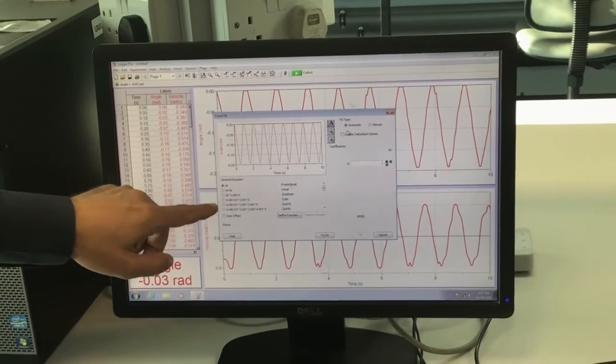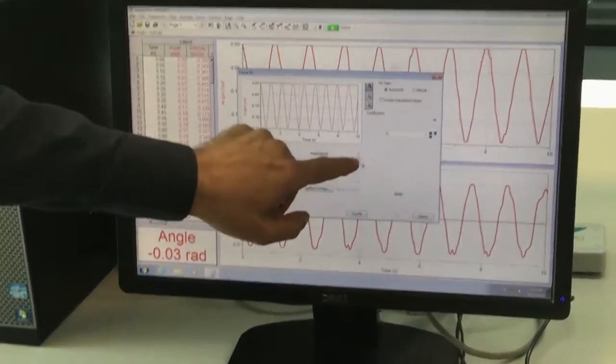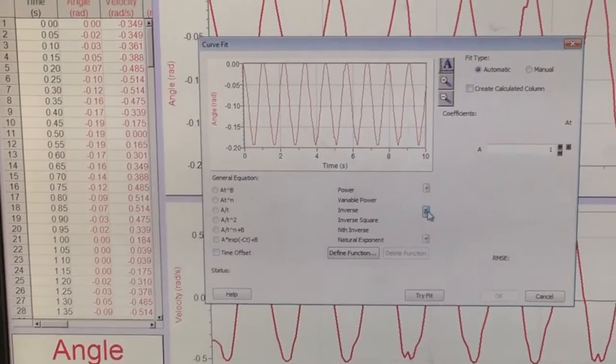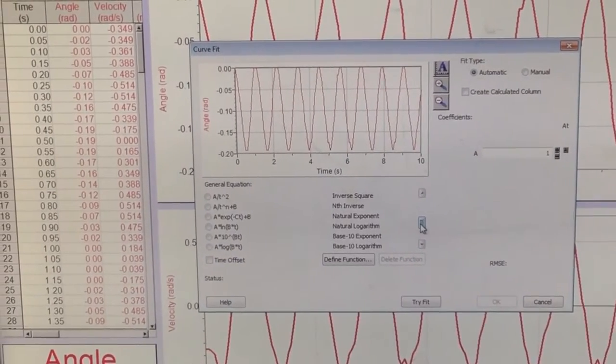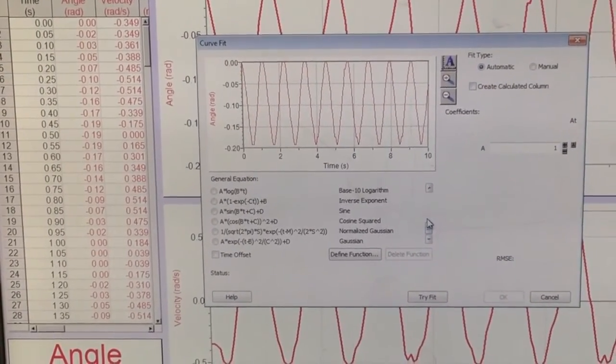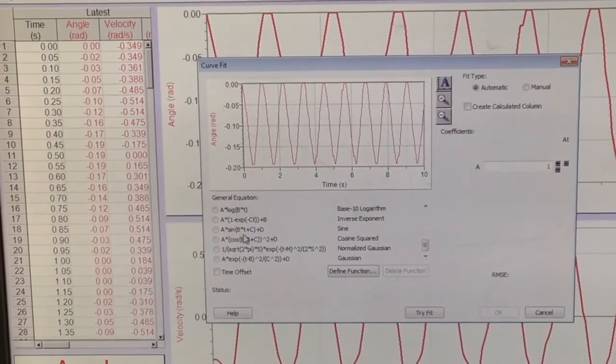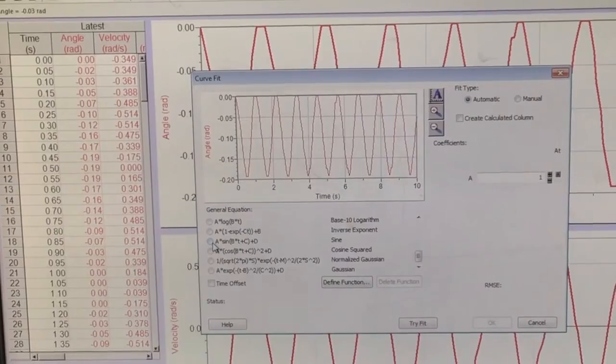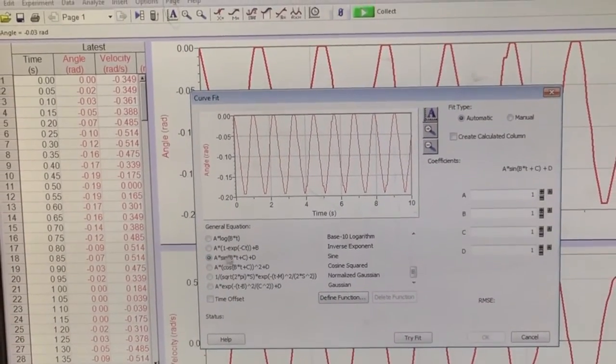Now we have several options. If you go down by using this slide, just slide down. There is A sin(BT) plus C plus D. So I think this is the best that we can use with a curve like this one.